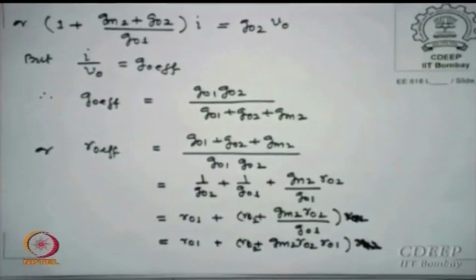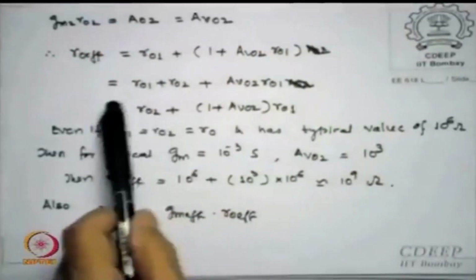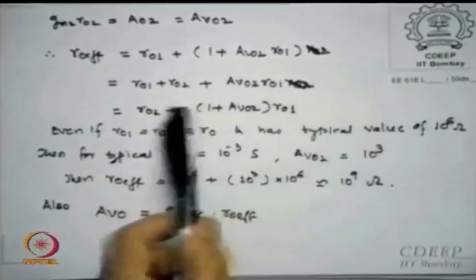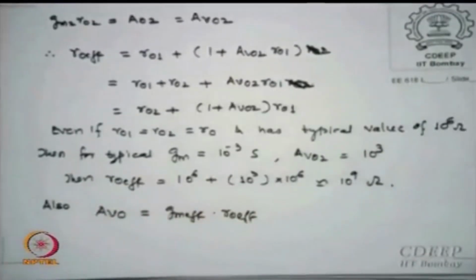But what is gm2 ro2? The gain of the second stage amplifier individually, is that correct? So we can say Av2. If you have noted down, I will just write down the expression. If I collect all these terms and write gm2 ro2 as Avo2, then I get ro effective as ro1 plus ro2 plus Avo2 ro1.